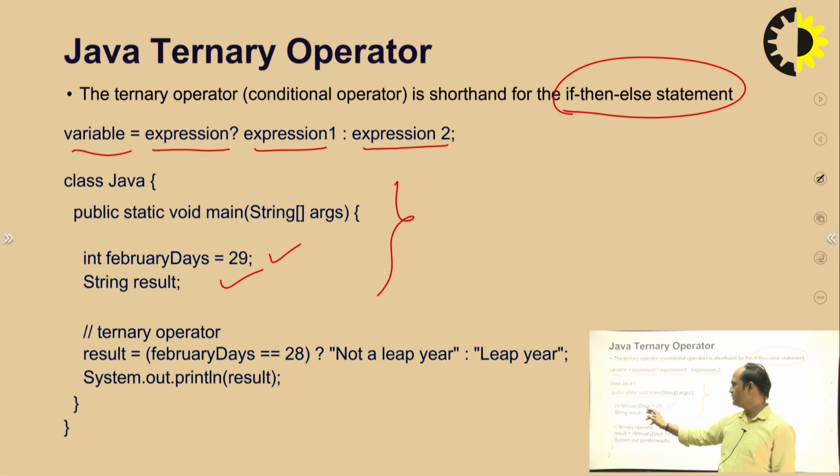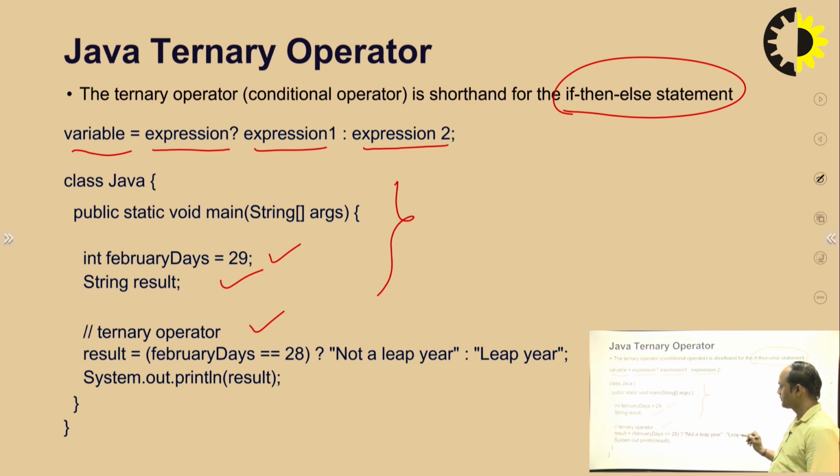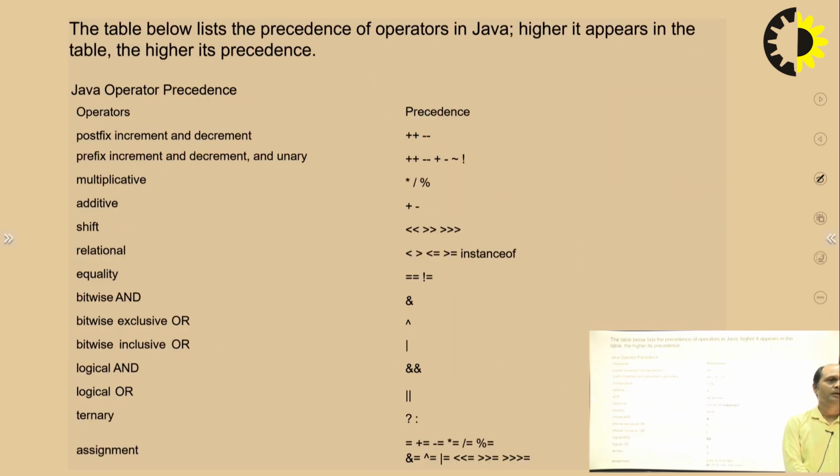We define the variable and find out the value of the result variable. How does the ternary operator work? Result equals February days equal to 28, question mark, not a leap year, colon, leap year. System.out.println, we pass the result. What is the output of this program, and how is it executed?